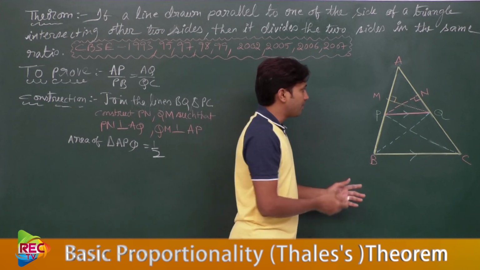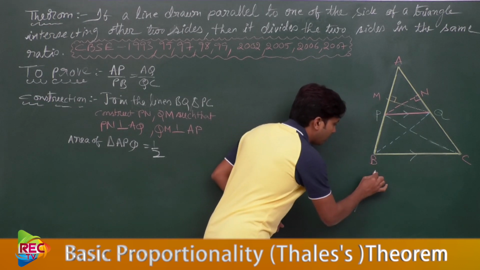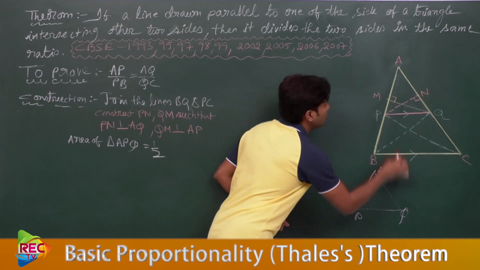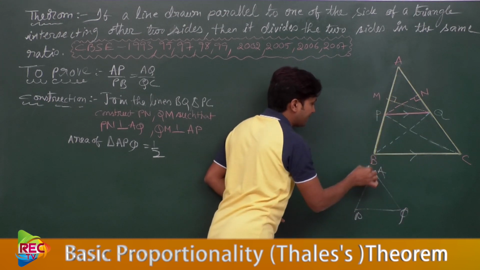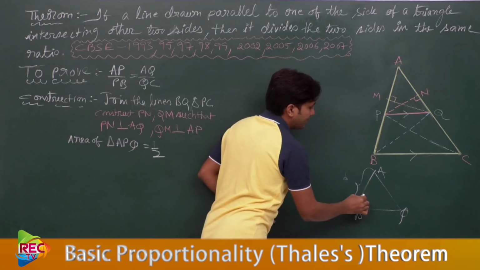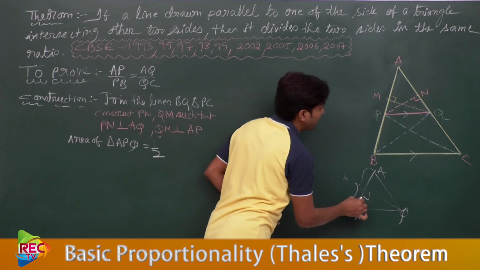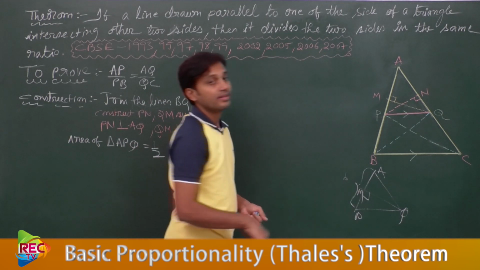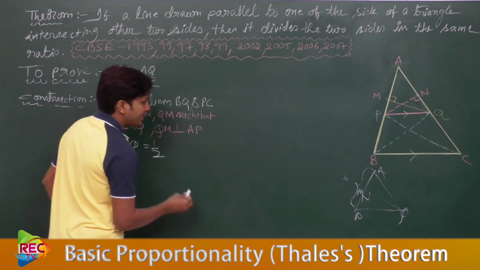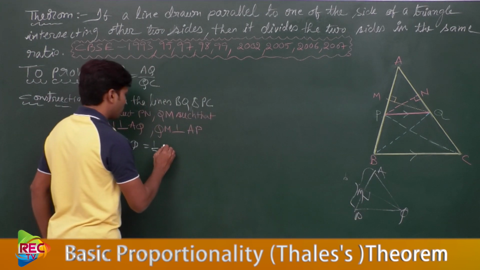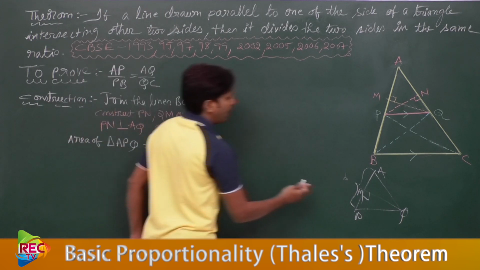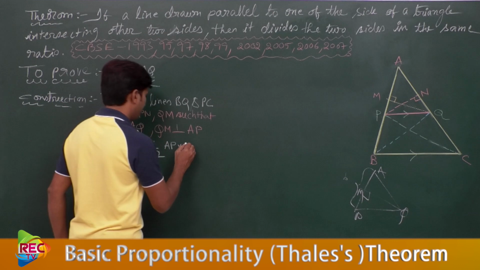In this triangle APQ, if we consider AP as base, then what is the height? The height would be QM. So half into AP into height QM.